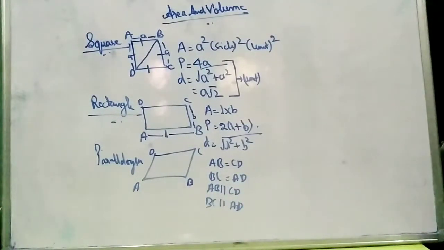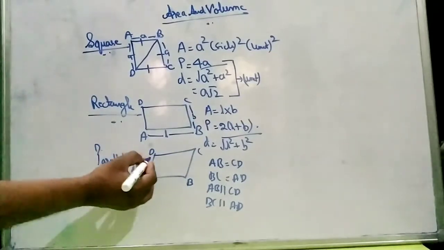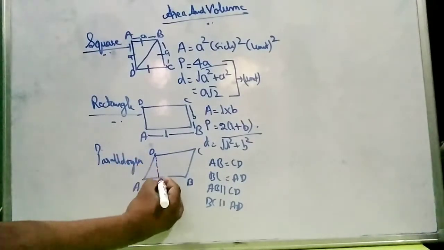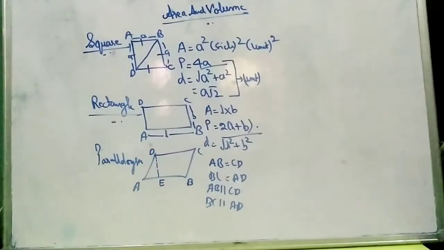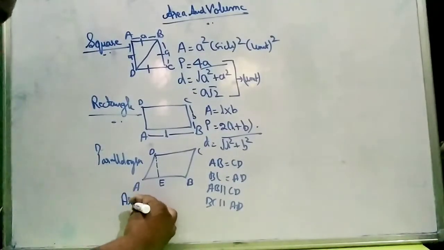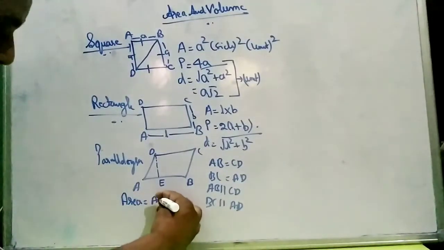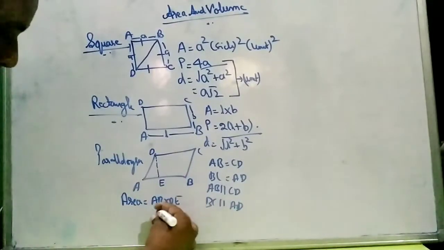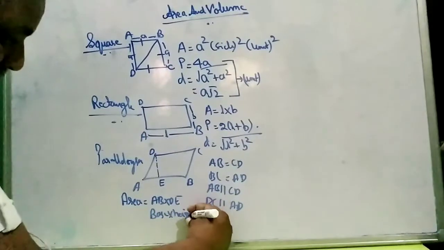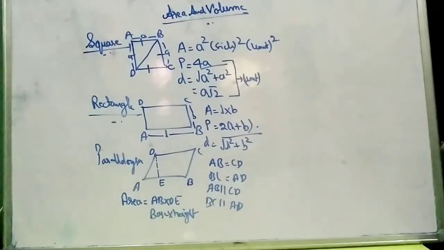If we have to find the area of the parallelogram, from vertex D we will drop a perpendicular as DE. So AB will become the base and DE will become the height. So the area of a parallelogram is equal to AB into DE, base into height.